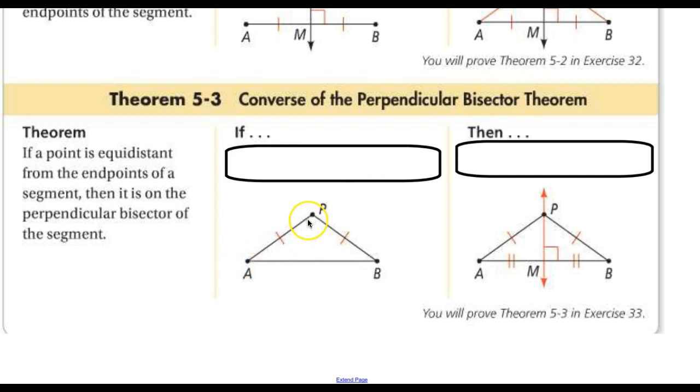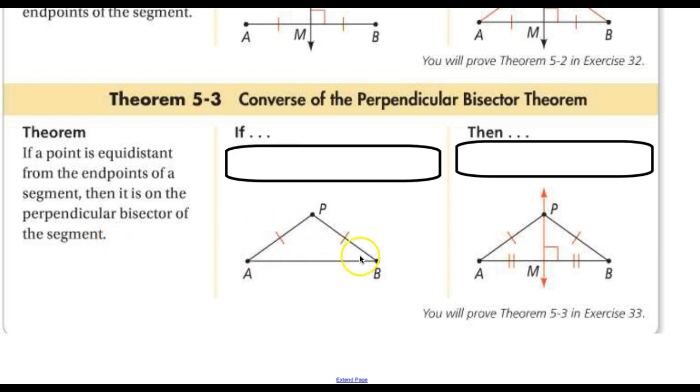And so if PA equals PB, then P must lie on the perpendicular bisector. Now notice there's no perpendicular bisector drawn here, but what it's saying is if you were to draw the perpendicular bisector of AB, it would have to go through point P right there. So let's read the theorem. It says if a point is equidistant from the endpoints of a segment, then it is on the perpendicular bisector of the segment.